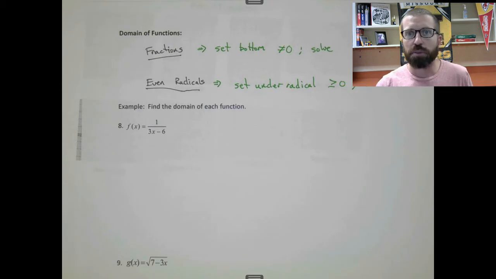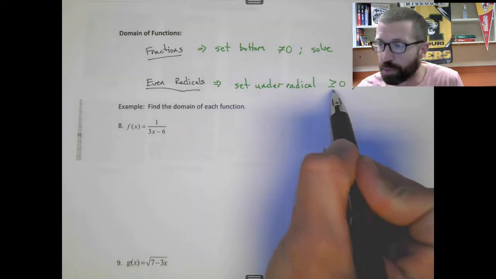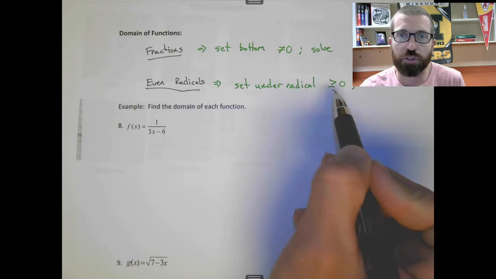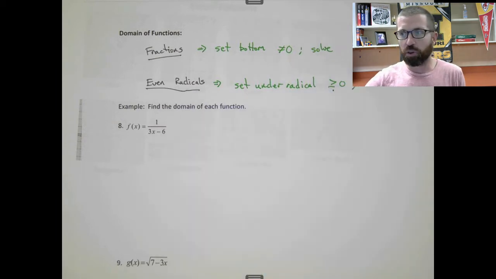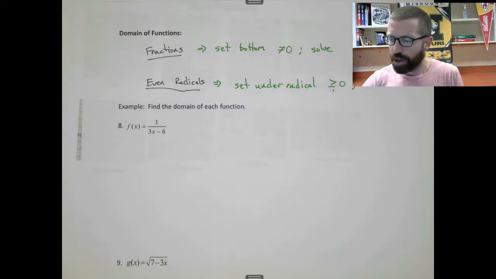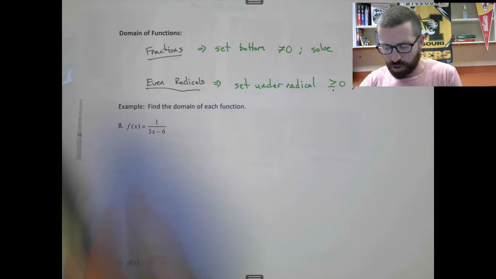It turns into a complex number, an imaginary number. But for our purposes, we cannot take a square root of a negative number. And so that's why we figure out where it's positive. Setting it greater than or equal to 0 is going to say where is the radical positive, and then solve. Work to memorize these.